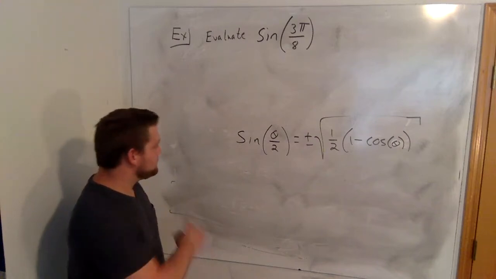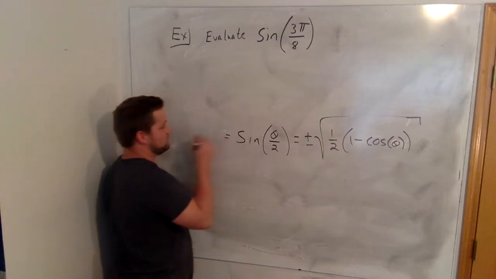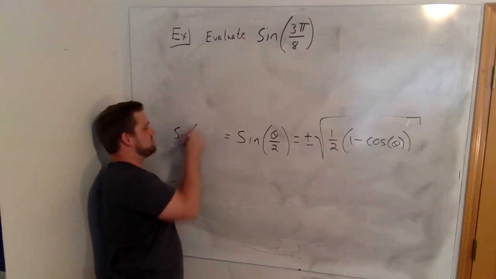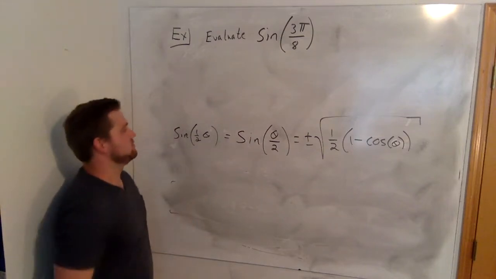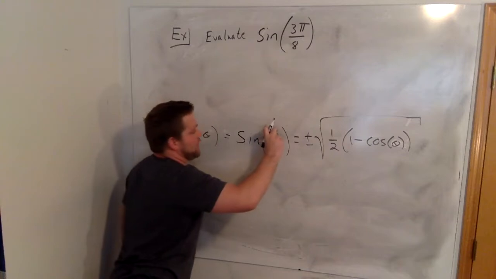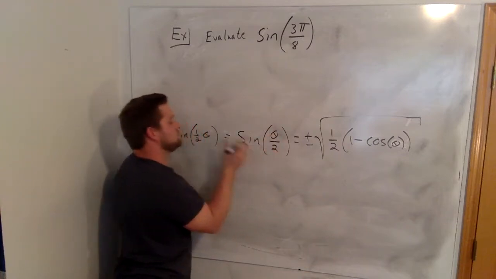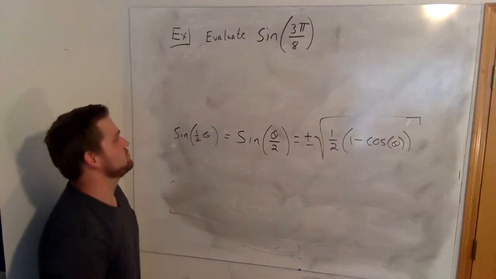Well, you could think of this as theta over 2, but we could also think of this as the same thing as sine of 1/2 times theta. So these are equivalent. Instead of thinking about an angle in radians divided by 2, we could think about it as 1/2 times a radian measure of an angle.